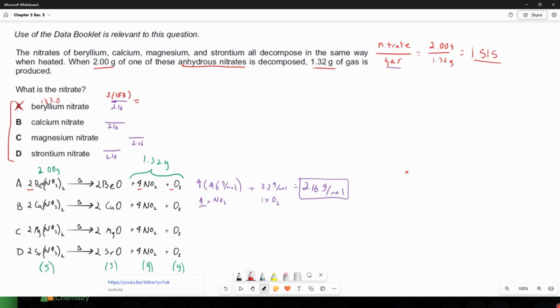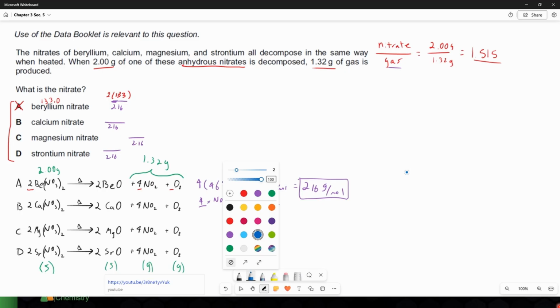If we do that division, then what we get out of it is the ratio. And if that ratio matches or is very close to what we are looking at up here, then we know it's the correct ratio and therefore the correct answer.